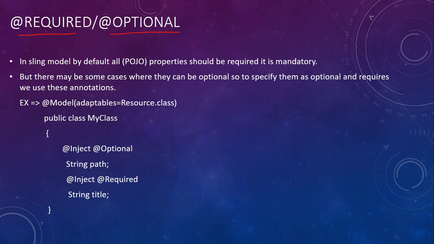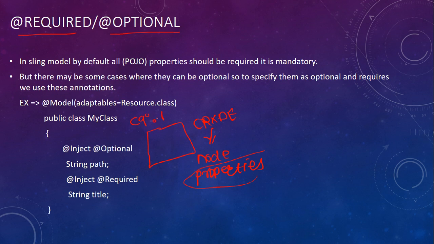Basically, we mainly use a Sling model with what is inside your CRXDE. We know that we have a node, and inside this node we have properties, all inside the CRXDE. For those properties, here we have a CQ dialog, and the user simply writes data inside these fields.